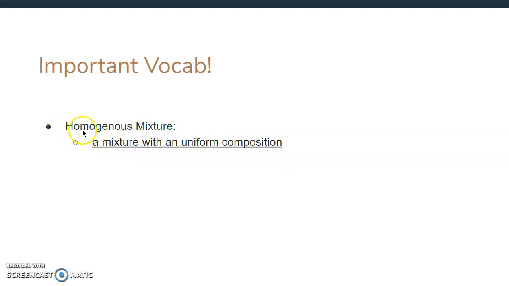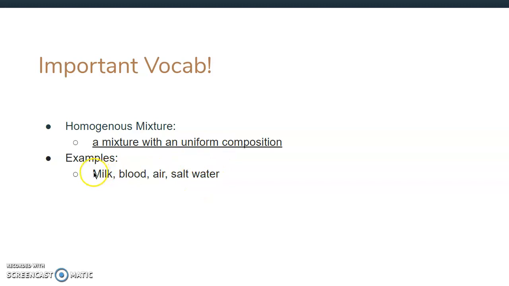If we're looking at roots of the English language, homo means the same. So that is in line with uniform. That makes sense. Some great examples are milk, blood, air, and salt water. If you took a sample from any part of these things, it would look the same regardless.